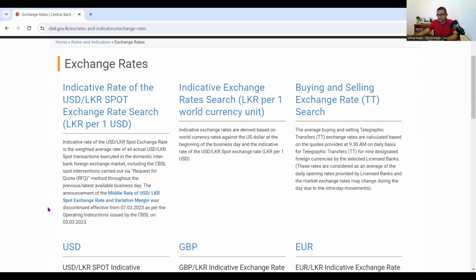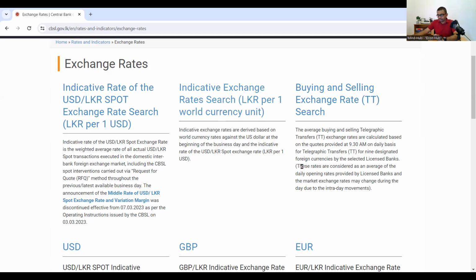The announcement of the middle rate, that's the term they're using, the middle rate, and variation middle rate of US dollar to LKR spot exchange rate, spot meaning at that moment, on that day, and variation margin, how it can change as per the operating instructions issued by the CBSL on the 3rd of March 2023.